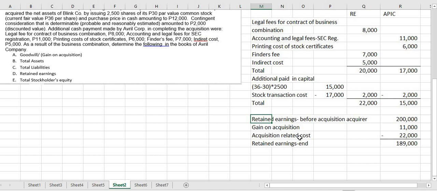Yung acquisition-related cost na ma-charge kay retained earnings, that's 22,000. Again, that's retained earnings before acquisition of the acquirer plus gain on acquisition. So, pag may gain, addition sa retained earnings. And then, pag goodwill siya, addition sa total assets. Okay, then acquisition-related cost natin, that's 22,000. Yun lang yung i-absorb ni retained earnings, 22,000. So, yung retained earnings end natin, we have 189,000. Okay?